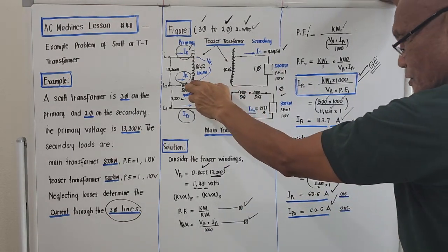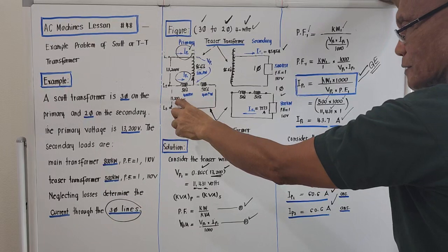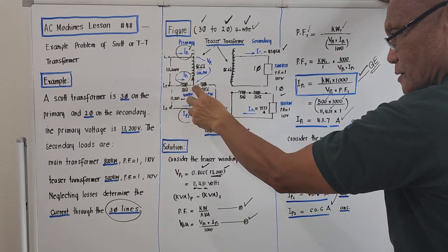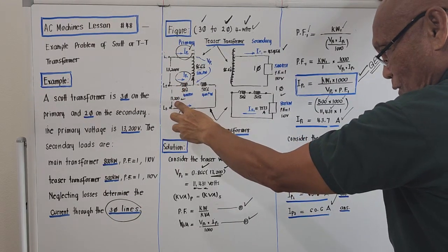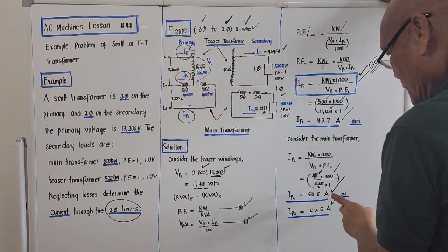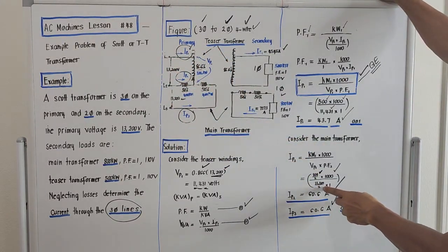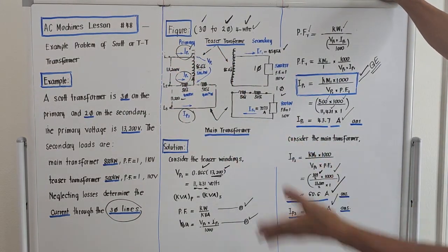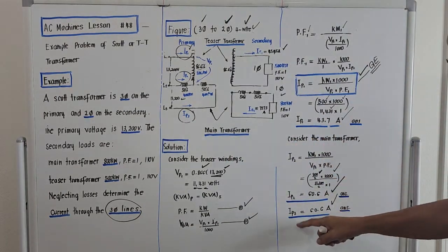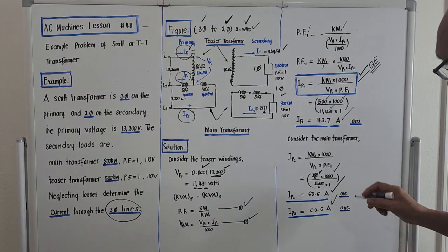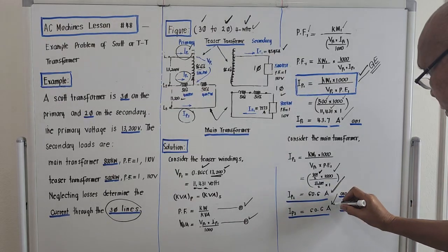And the voltage across this will still be 1/2 of 13,200. They are in phase. 13,200 divided by 2 will be 6,600, so this will still be 6,600 times 1. So obviously, IP2 is equal to IP3, and their magnitude is 60.6 amperes.